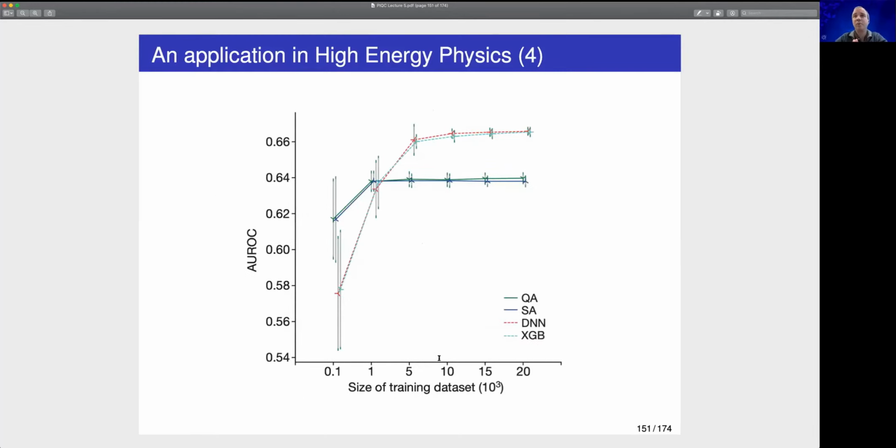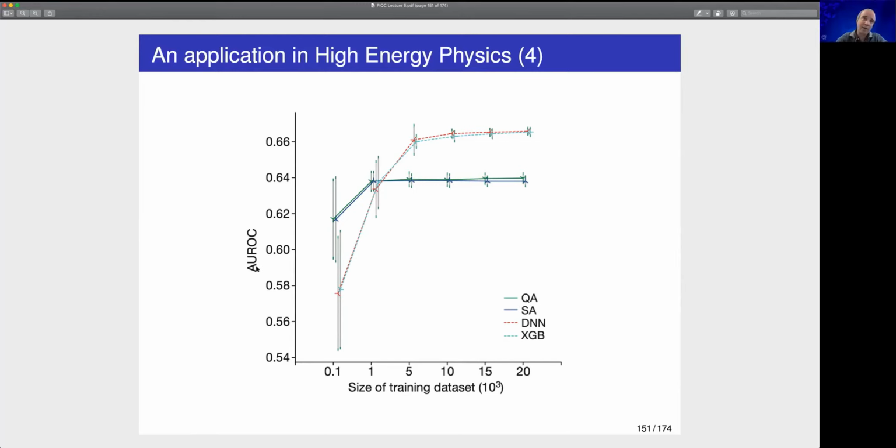And here I'm showing just one of the figures in the paper. You can check the paper and see other results. But this is interesting to me because this is a kind of behavior that we are going to see next week also when we study different quantum machine learning algorithms, okay? So here we have in green the quantum annealing result.